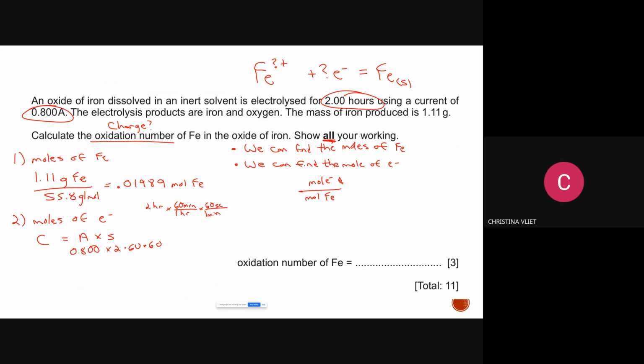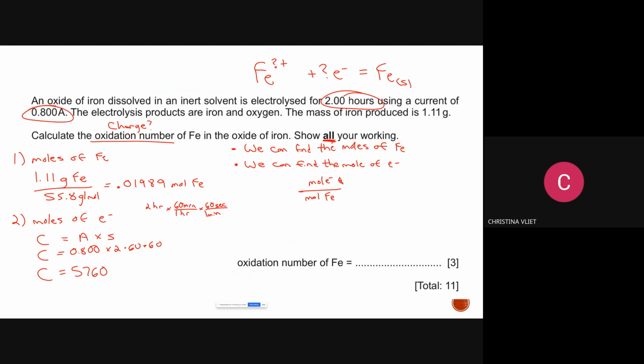I figure you all can grab that information, but that's what that is. 2 times 60 times 60. So then what would that C be then? I get 5,760. C is 5,760.